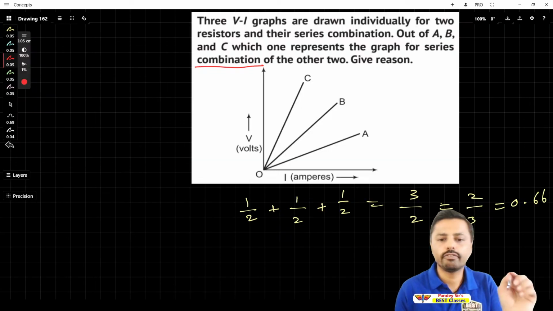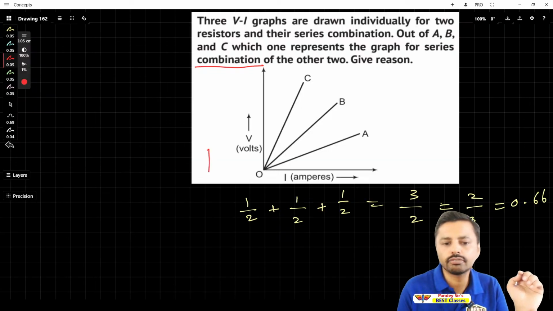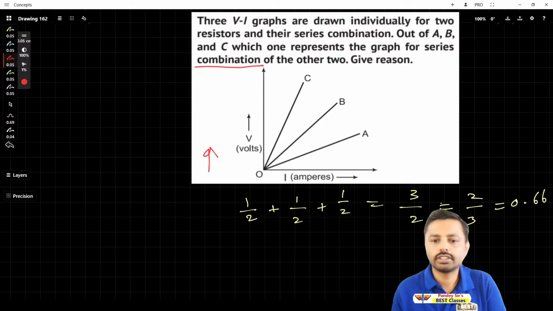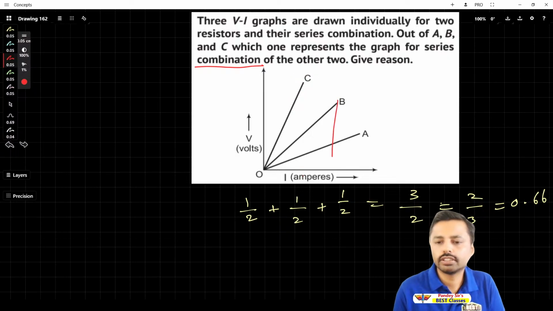So we have to find where, if you increase the voltage a little, the current will increase more. Here voltage increased a lot, but current increased only this much. Here voltage increased and current increased only up to this mark. Here, when voltage increased only a little bit, it has already moved till here, means current is more.